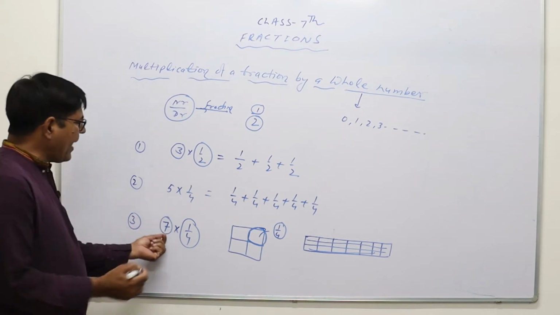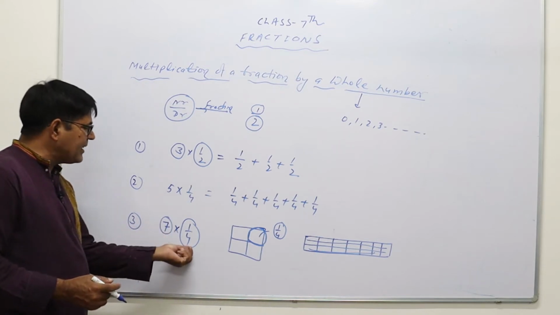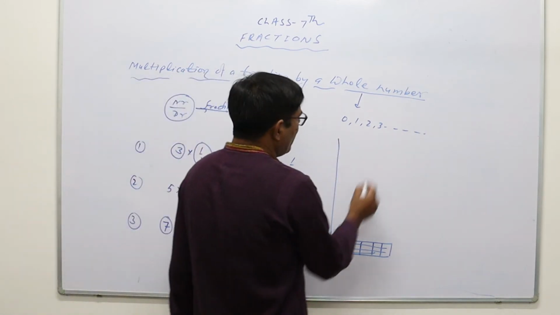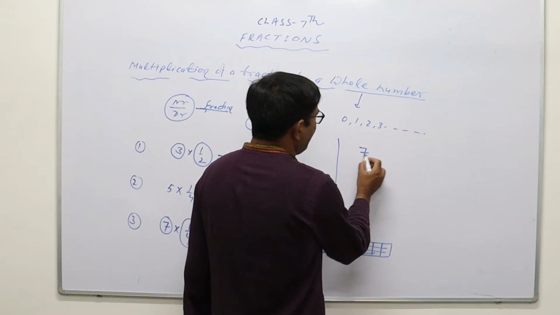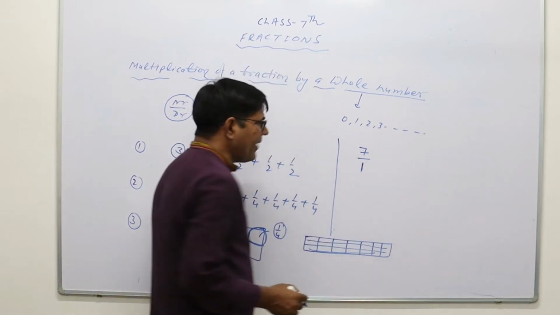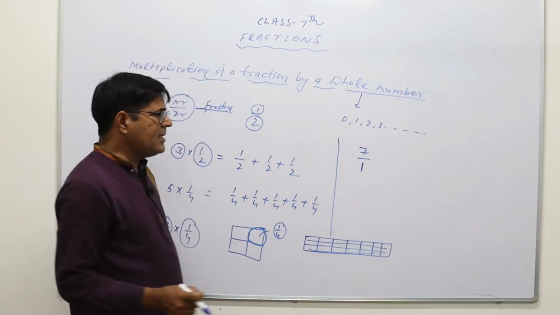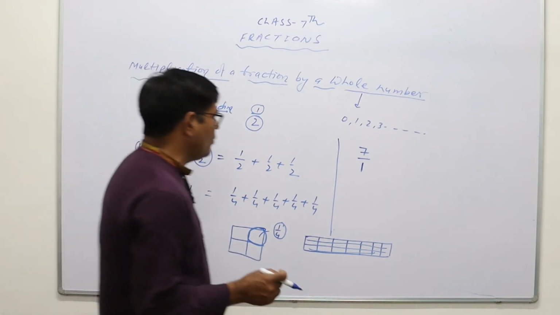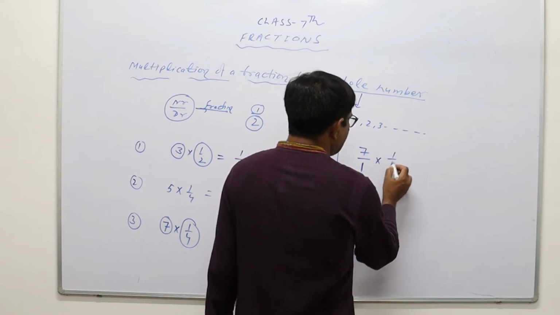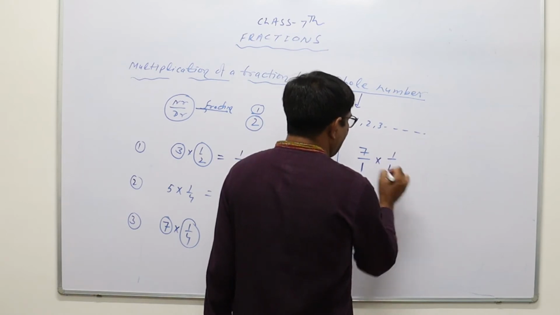Now, to multiply any whole number with a given fraction, what will we do? First of all, we write that whole number in fraction form. So, how will we write a whole number in fraction form? Write 1 as the denominator of the whole number and then multiply 7 by 1 with 1 by 4.